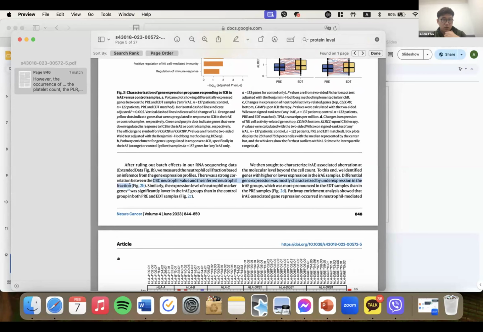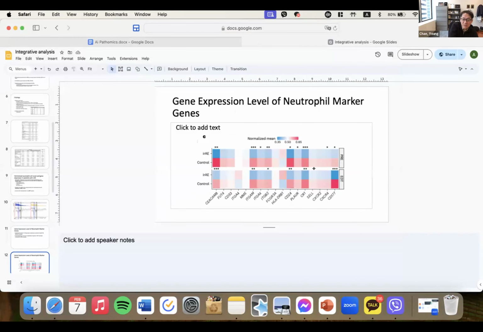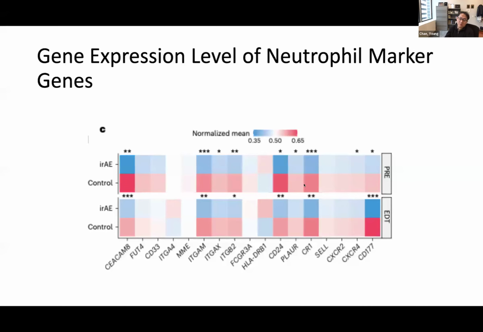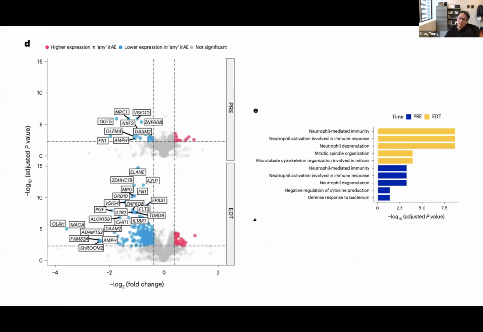I think it was just looking at the neutrophils from the blood, yeah. Okay, so I think they got the neutrophils. And then again, this was just reiterating the fact that within the EDT group, there was even less expression compared to the pre-group of multiple neutrophil markers.